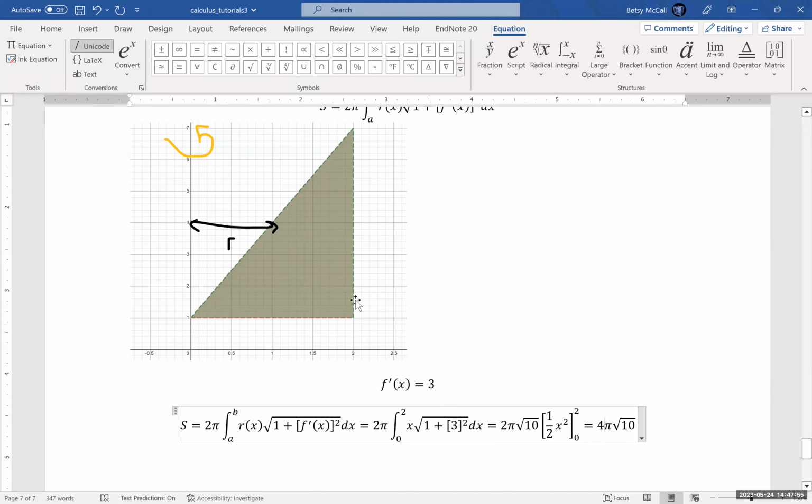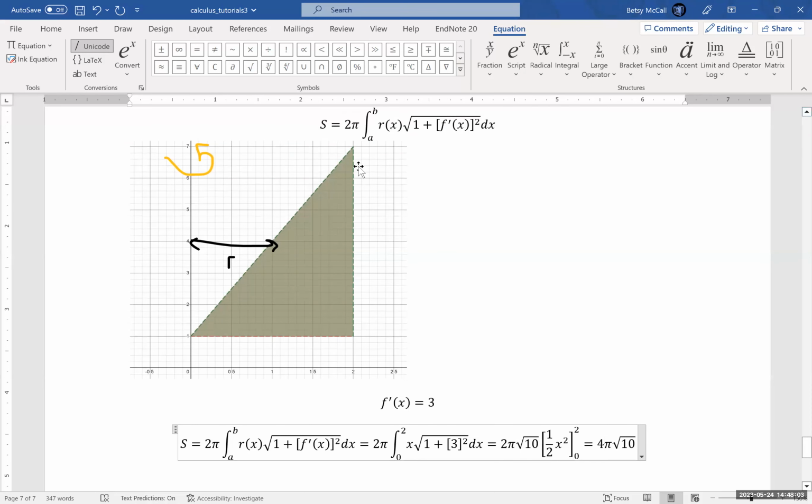And I don't need to even worry about the f prime. Again, you think about the sides that you're rotating around. This one is the one that you would geometrically have to concern yourself with in terms of the calculus. This would be the inner surface area, basically.